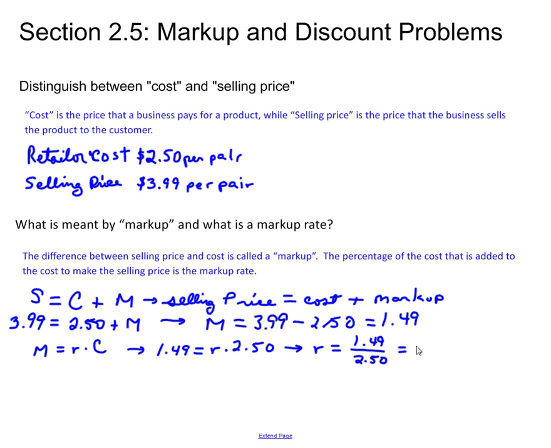My answer, 0.596. And if I work this out as a percentage, that means our markup rate, expressed as a percentage, is 59.6%. So there's a 59.6% markup rate over the original cost. And this is what we refer to as markup rate. More in the next section.